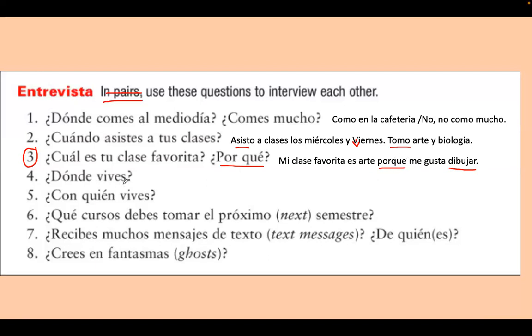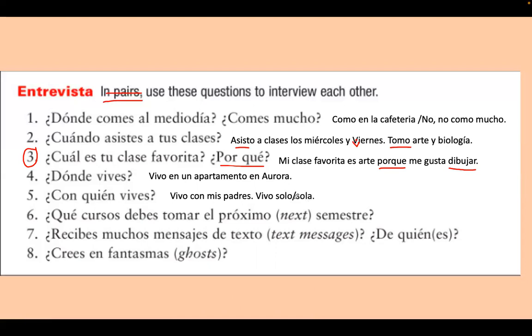Okay. ¿Dónde vives? Vivo en un apartamento en Aurora. ¿Con quién vives? Vivo con mis padres. Now you can say vivo solo, vivo sola. Alone, and this is alone female.